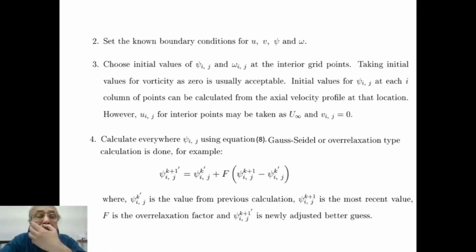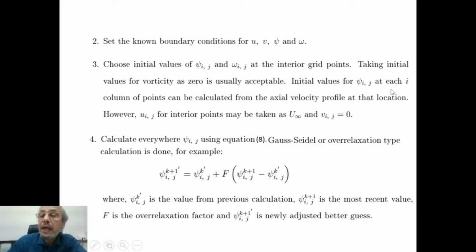Choose the initial values of psi and omega at all interior points. Taking initial values for vorticity as 0 is usually acceptable because this will be generated depending on the flow dynamics. So initial value is 0.